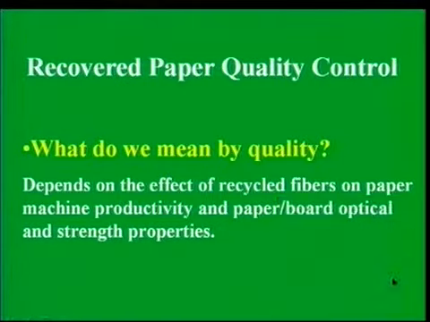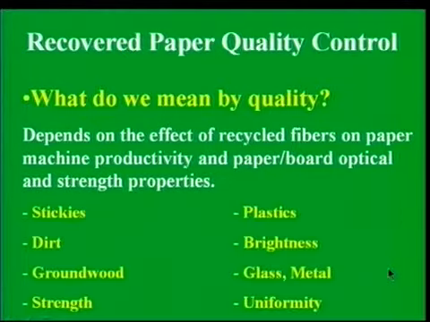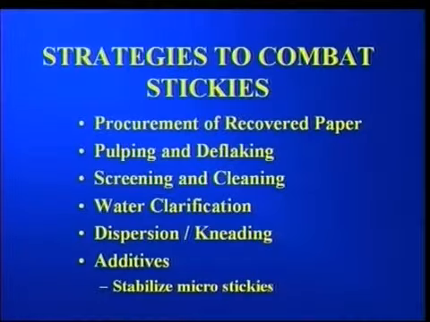So we want to measure the amount of stickies coming in with the recovered paper. What you want to do is to grade different recovered paper suppliers to see what amount of stickies are coming through different grades, and accordingly identify the supplier bringing in the greatest amount of stickies, and accordingly you can get a greater control of the quality of recovered paper.